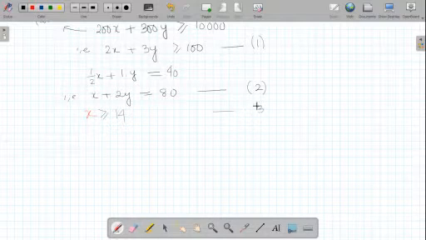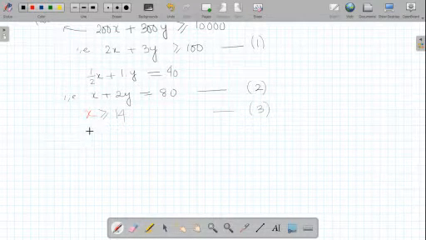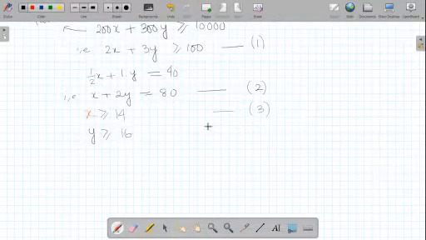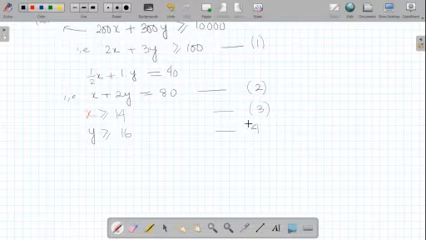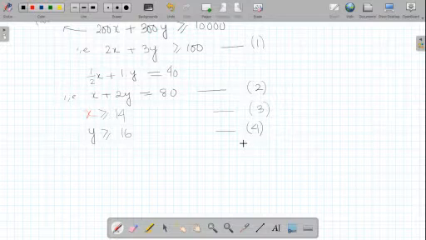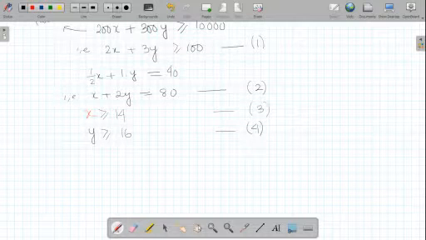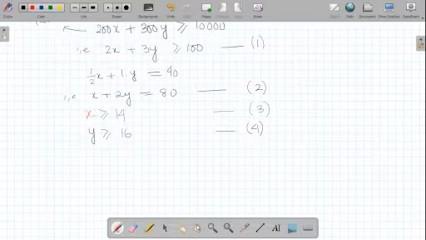So this is my third equation, right? And y permanent order of 16. So that will be my fourth equation, right? So we have 1, 2, 3, 4 equations. After that you have to draw the graph and solve the equation. Then it's very much easy, right?